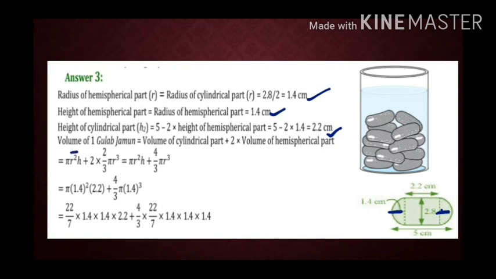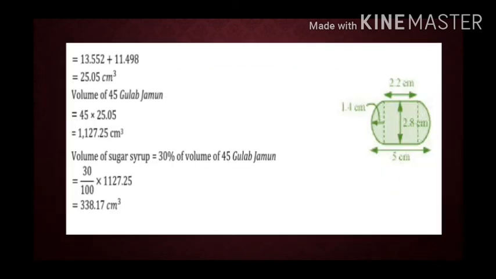Now, the volume of 1 gulab jamun will be volume of cylinder plus 2 into volume of hemisphere, volume of this cylinder plus 2 into volume of this hemisphere. Now, just put the formula and put the value of R and H. You will get the volume of each gulab jamun as 25.05 centimeter cube.